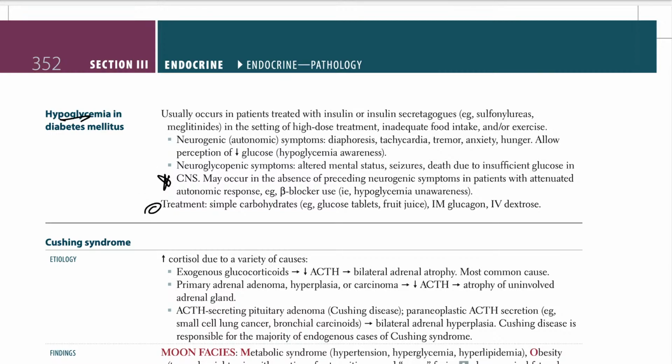Okay. Now treatment: simple carbohydrates, glucose tablets, fruit juice, IM glucagon, high yield, intramuscular glucagon, IV dextrose. Let's dive in a little further and talk about mild versus severe symptoms. Mild symptoms of hypoglycemia are going to be anxiety, tremors, sweating, which are fast acting.